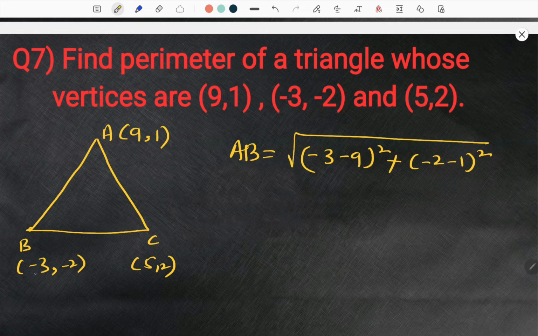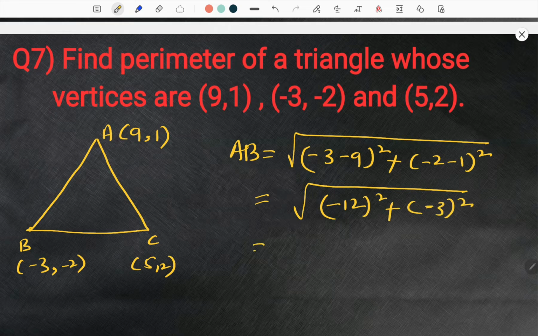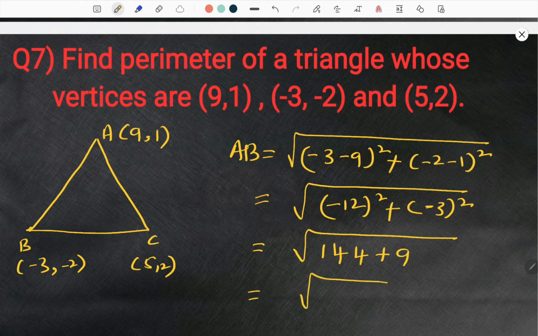So minus 3 minus 9 is minus 12 whole square plus minus 2 minus 1 is minus 3 whole square. So it becomes under root 144 plus 9, so under root 153 units.